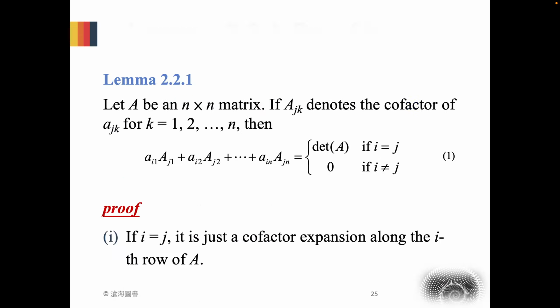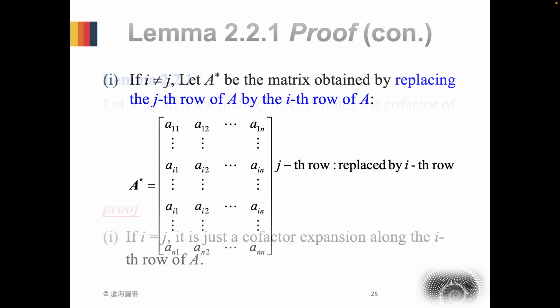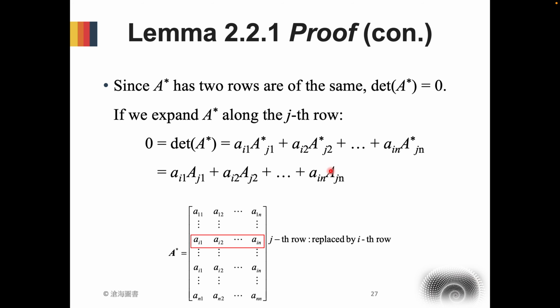So this lemma tells us that if we multiply the entry with the correct cofactor, then the result is the determinant. However, if we intentionally multiply the entry with an incorrect cofactor, then the result would be equal to 0. So this is lemma 2.2.1, and we can prove this lemma in this way.